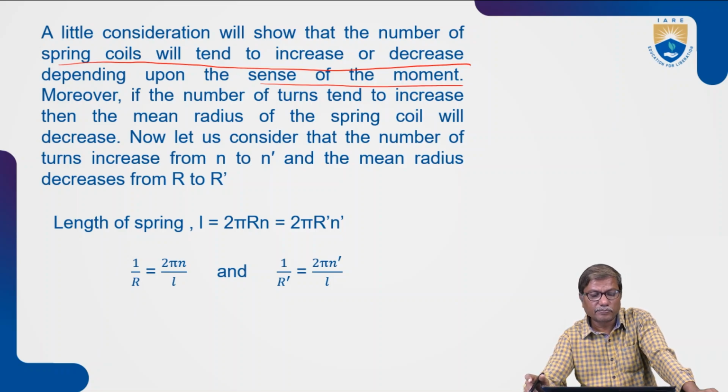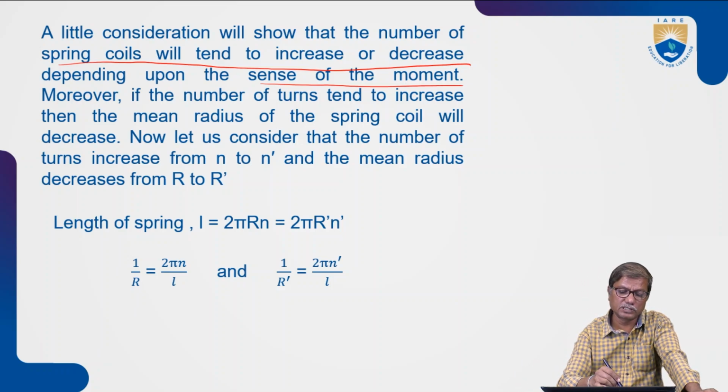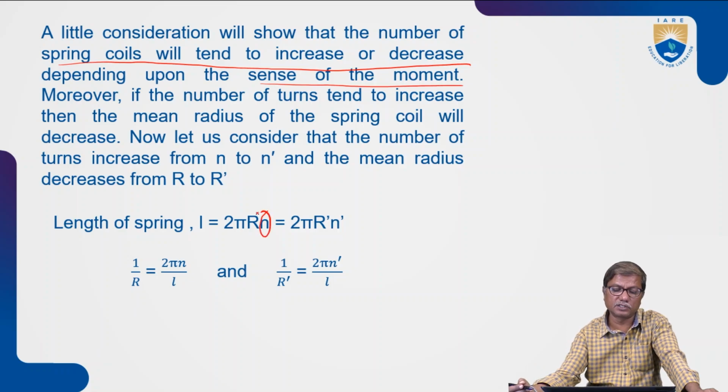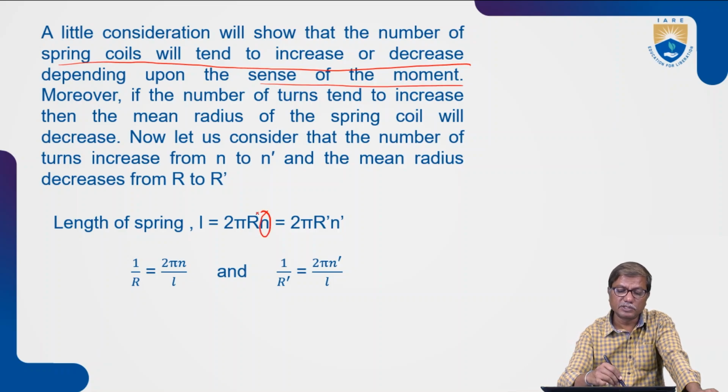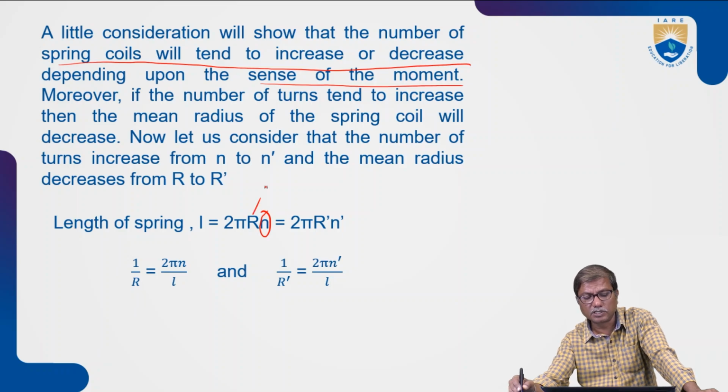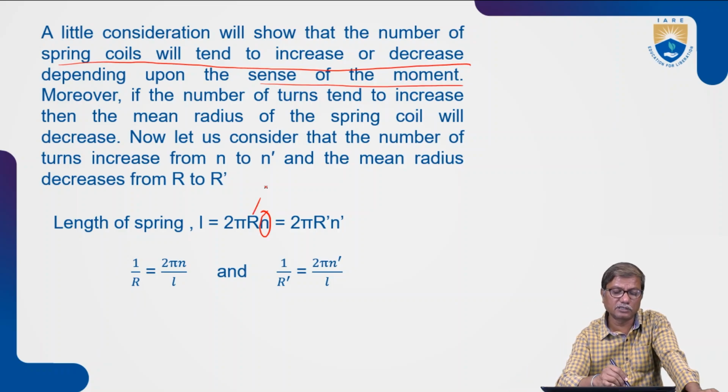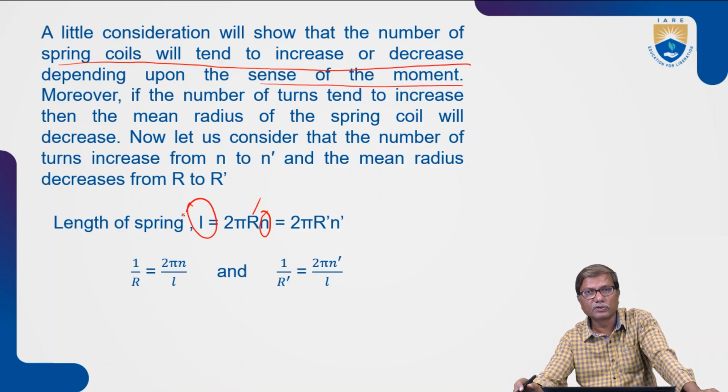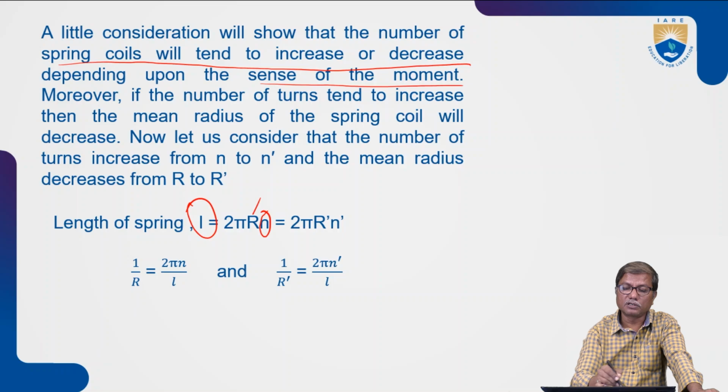because number of turns, if it is increasing, n here, number of turns means n. What happens to mean radius? It has to decrease because the length of spring remains same, okay. So mean radius of the spring coil will decrease.